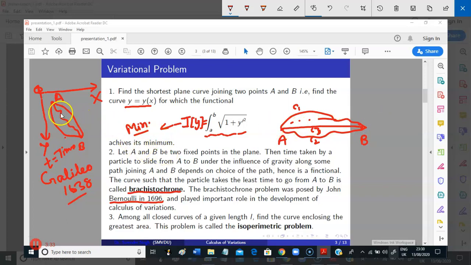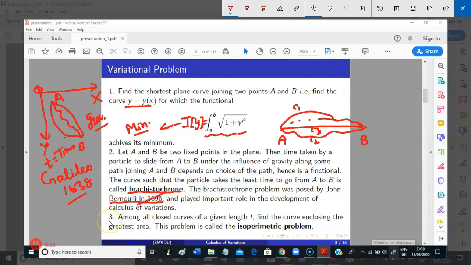And in this problem, you have to find a curve along which the time of travel from this point to this point under the influence of gravity is minimum. So this is a very famous problem in calculus of variations. This is the parametric problem.